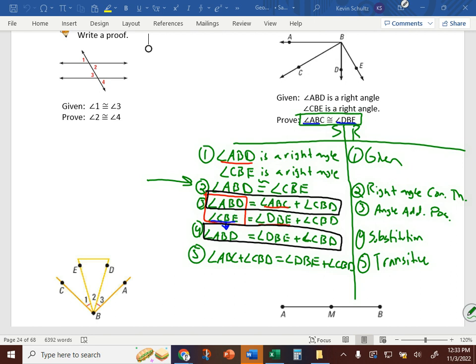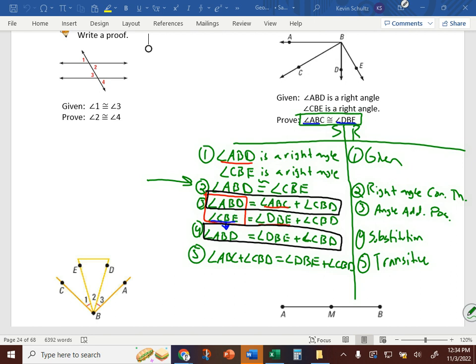Okay. Well, confused how you found number 4. So number 4 was we knew that ABD was congruent to CBE, right? And so because whatever CBE is equal to, ABD is also equal to, because they're congruent, right?